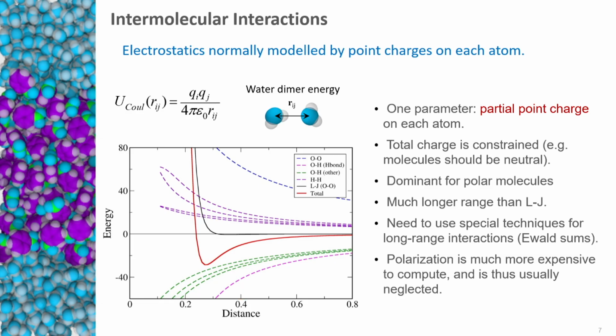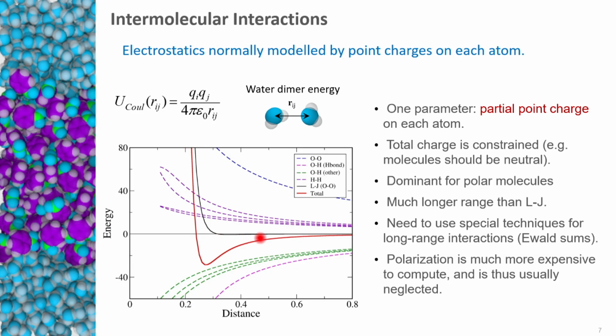So it is stronger than the others, of course, as you would expect. That is partially offset by the positive or repulsive interactions between the HH atoms and more prominently the OO atoms, right? When you put it all together and you add the black line, which is the Lennard-Jones interaction between the two oxygen atoms, you get the red curve, okay?